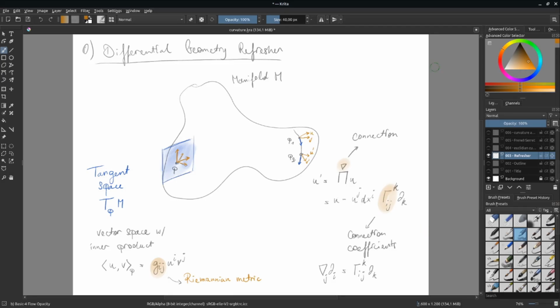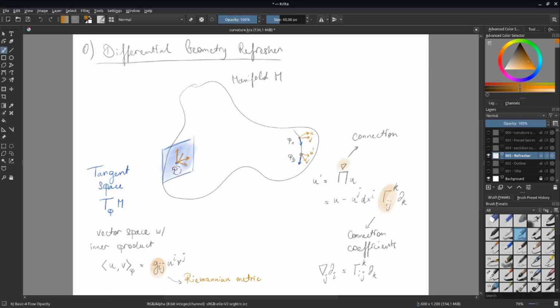Because it's been a while and it's always good to have a refresher on differential geometry, we're always working with something called a manifold, which you can think of as a collection of points that forms a smooth surface. Smooth means that if you go really close to a point, it looks flat, like a plane.